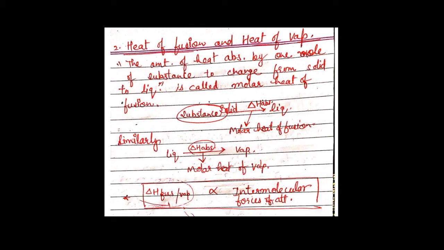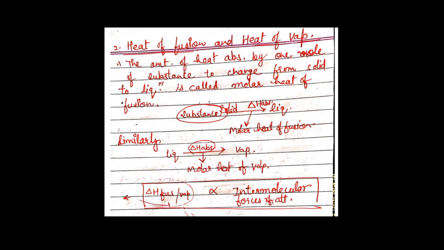The other physical property of a solvent is heat of fusion and heat of vaporization. The values of heat of fusion and heat of vaporization help to know the nature and strength of forces which hold the molecules of the solvent together in the solid and liquid state. As we know, the amount of heat absorbed by 1 mole of a substance to change from solid to liquid state is called its molar heat of fusion.